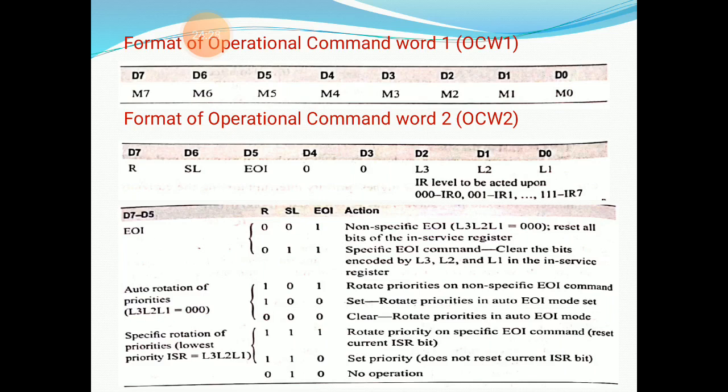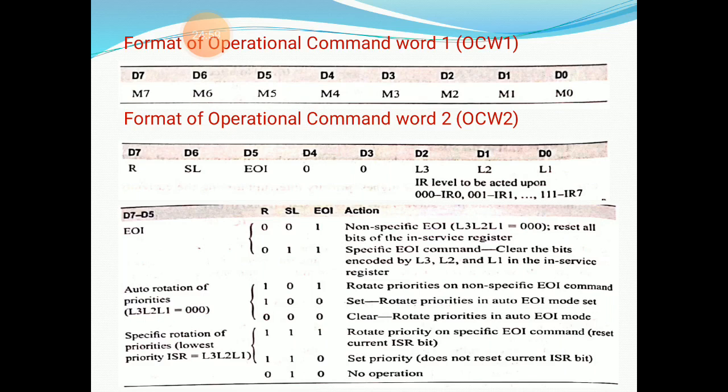If these 3 bits become 101, 100, 000, these 3 combinations are called auto rotation of priorities. If these 3 bits become 101, that indicates that rotate priority on non-specific EOI command is generated. If these 3 bits become 100, set rotate priority in auto EOI mode.